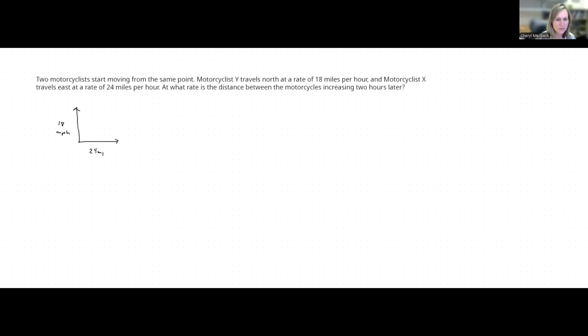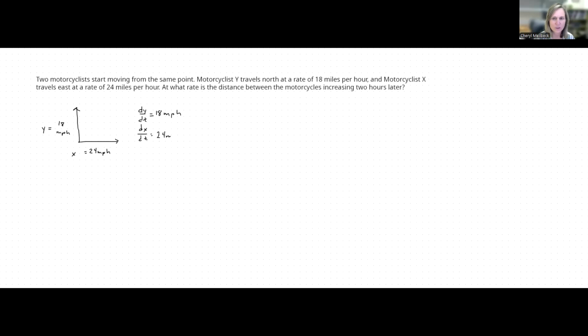So those are rates, and we could use north and east. I usually use Y for vertical and X for horizontal. And those are increasing. So we're given that dy dt is 18 and dx dt is 24, and they will both be positive because they're both increasing.